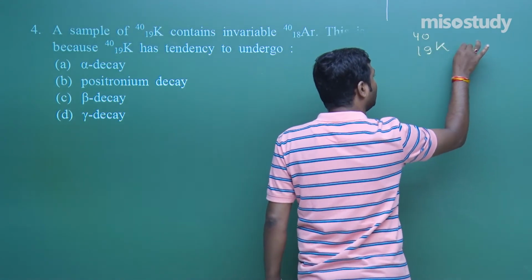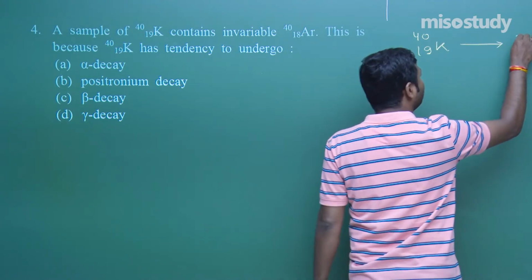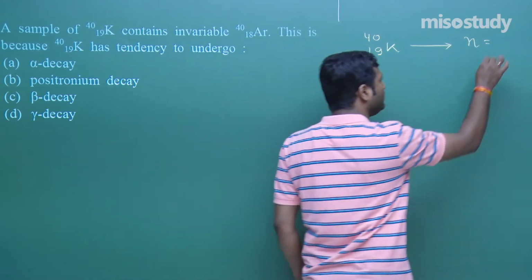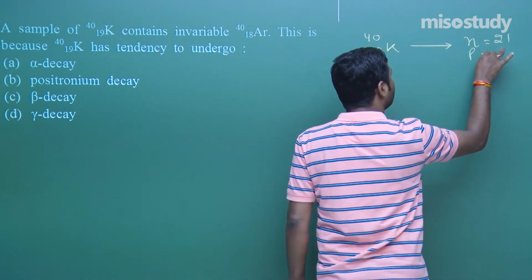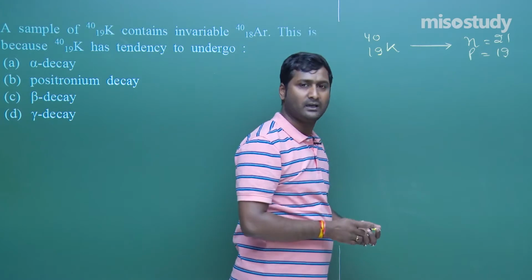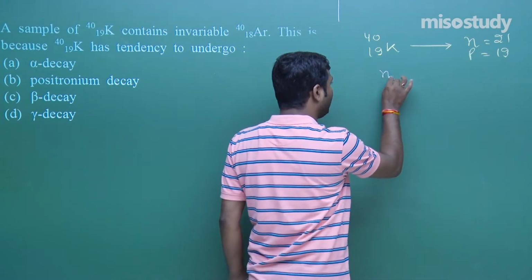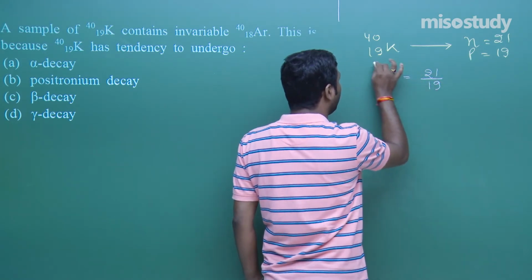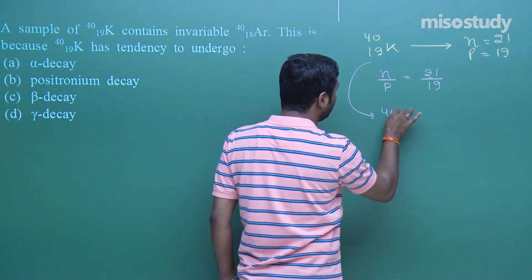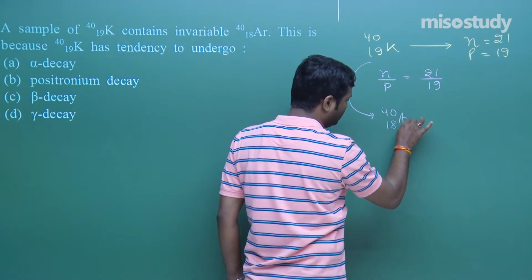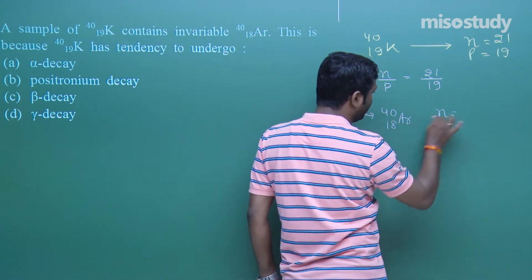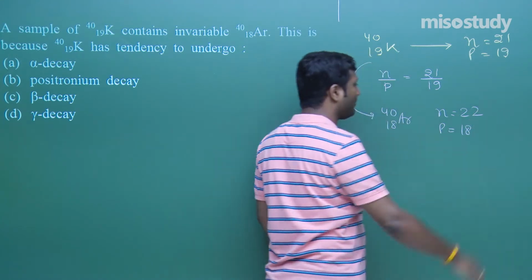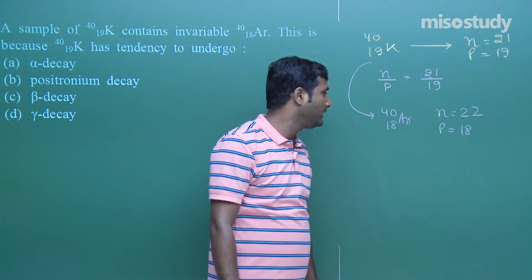Look at 19K40. It has N equal to 40 minus 19, which is 21, and P equal to 19. Definitely, here the N by P ratio is 21 upon 19. Now it converts to 18Ar40, where the number of protons is 18 and the number of neutrons is 22.